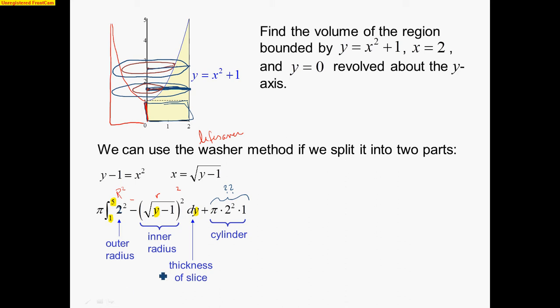And what is the volume of a cylinder? Pi r squared times the height. So pi, radius 2, constantly 2, so it's a cylinder, times the height. Good?